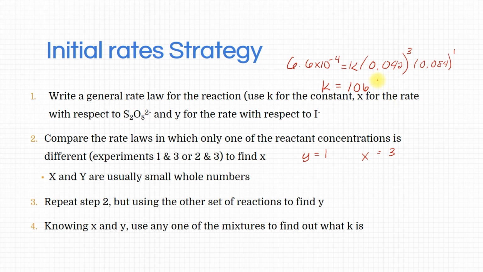This has weird units. We're never going to worry about units. This is the only time I'm ever going to tell you, don't worry about units. Forget it. They're weird. So we're just going to leave them off. And here's our good news. Units don't matter. Not really, anyway. If we are given units, we can derive some information from that later, but for the most part, units don't matter to us.